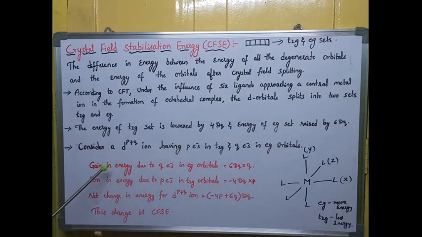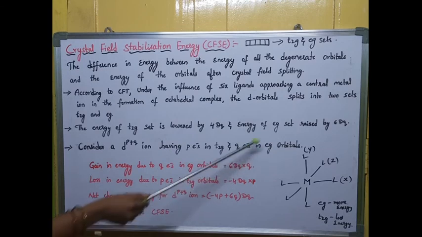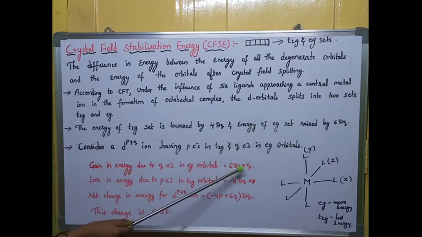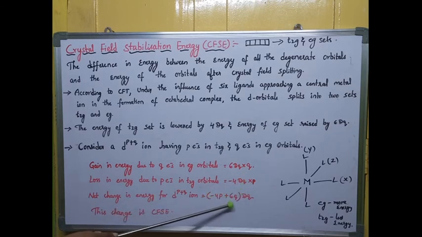Now you can see the gain in energy due to q electrons in eg orbitals: 6 Dq for each eg electron, so 6 Dq times q. In the t2g orbitals, p electrons are present, so minus 4 Dq times p. Adding these, the total net change is minus 4p plus 6q, times Dq. This total net change is called the crystal field stabilization energy. So this is about CFSE.